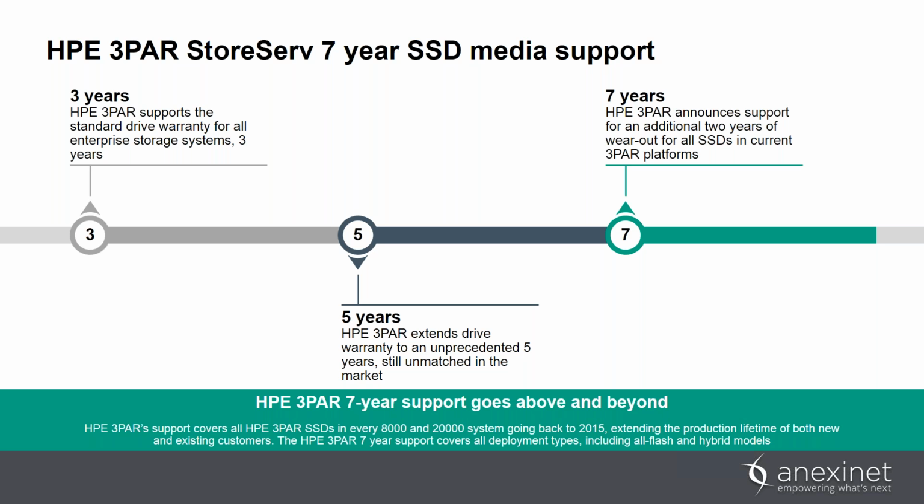This is for existing 8000 and 2000 systems, going all the way back to 2015. You're able to take advantage and get this new 7-year warranty on all your SSD drives. This covers all deployment types, including all flash and hybrid models. So it's not just for all flash units, it's for any unit that has SSDs in it. Again, going back to 2015 for the 8000 and the 2000 systems.